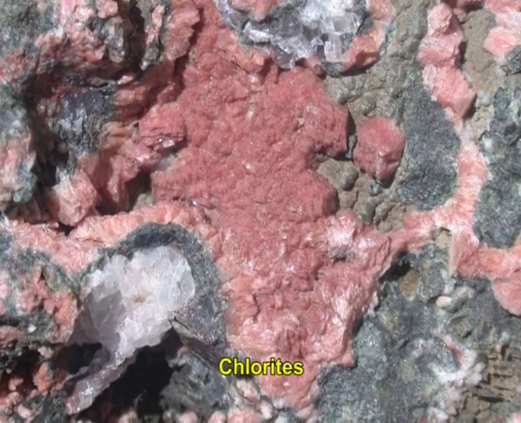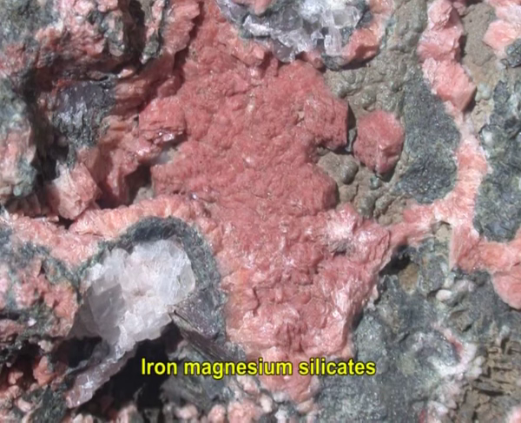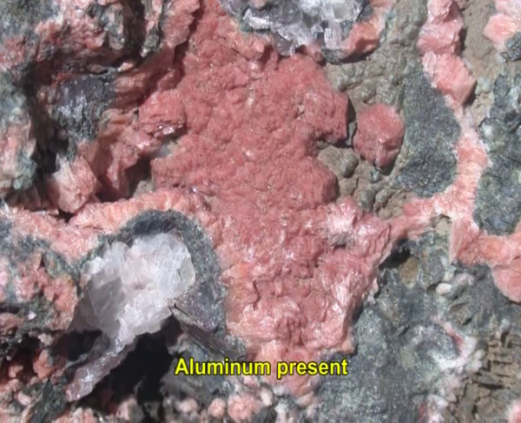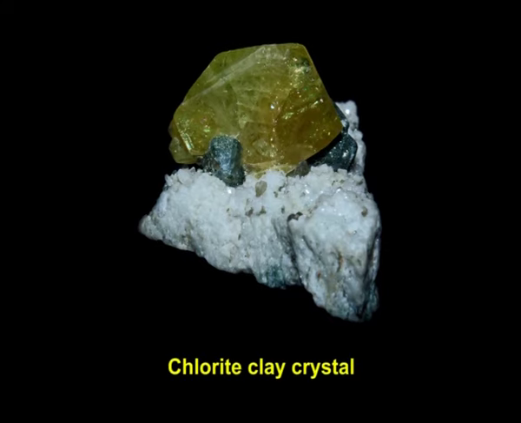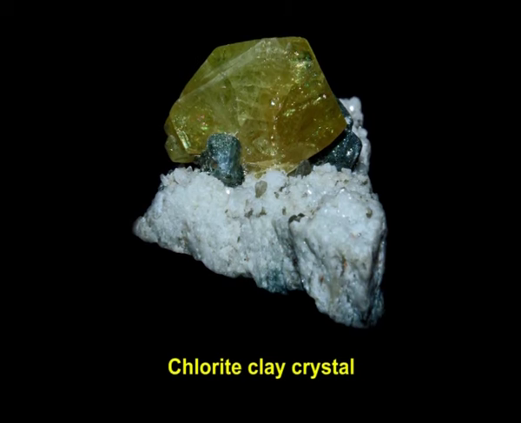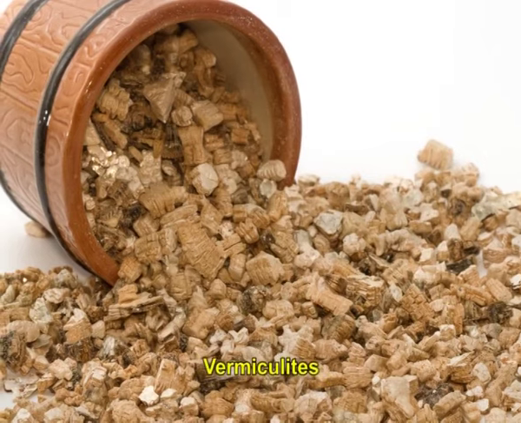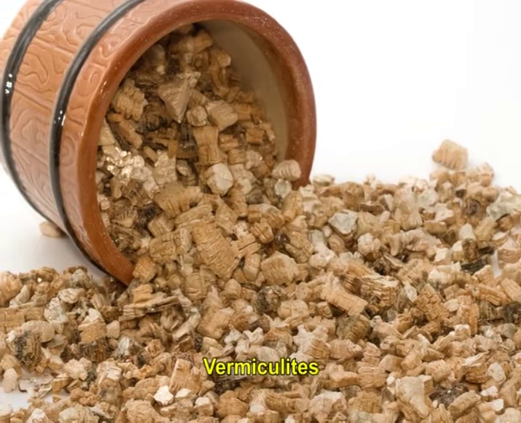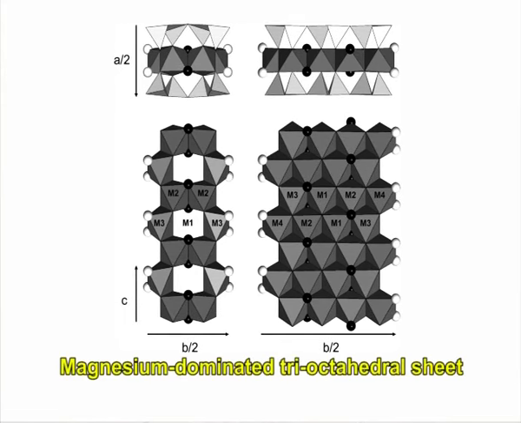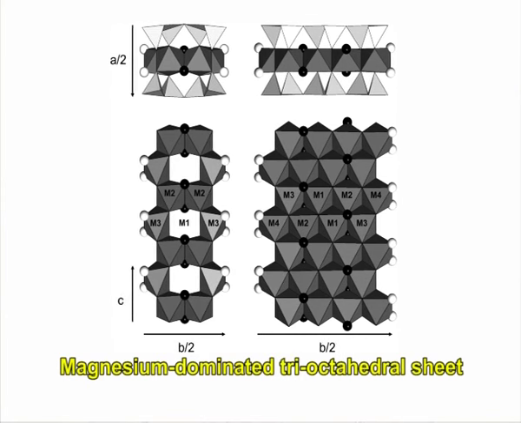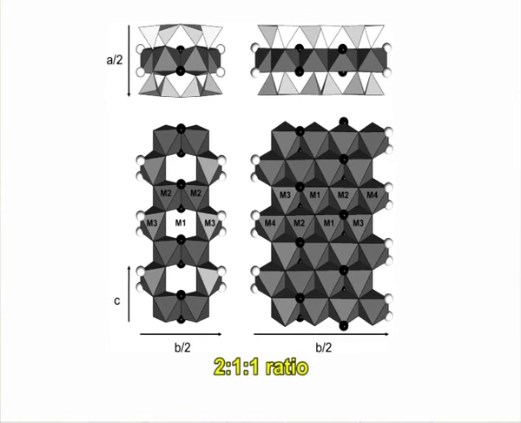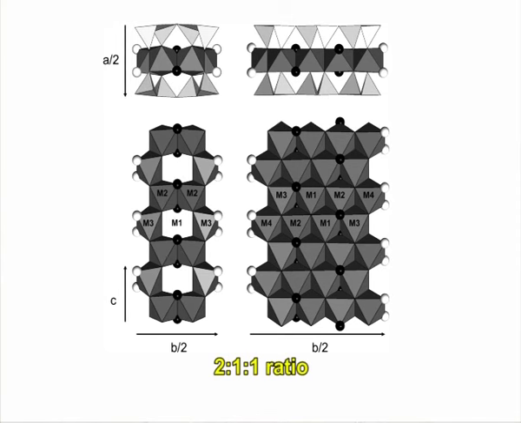Chlorites are basically iron magnesium silicates with some aluminum present. In a typical chlorite clay crystal, 2:1 layers, such as in vermiculites, alternate with a magnesium dominated trioctahedral sheet, giving a 2:1:1 ratio.